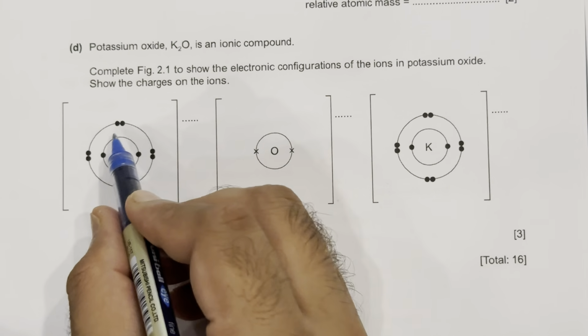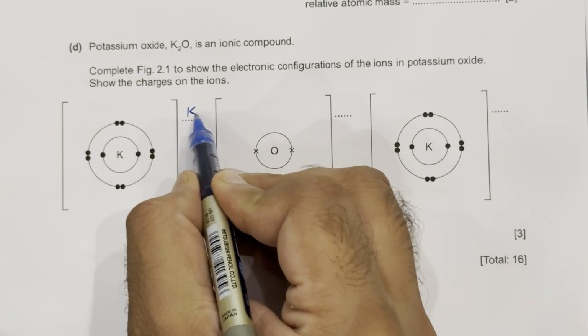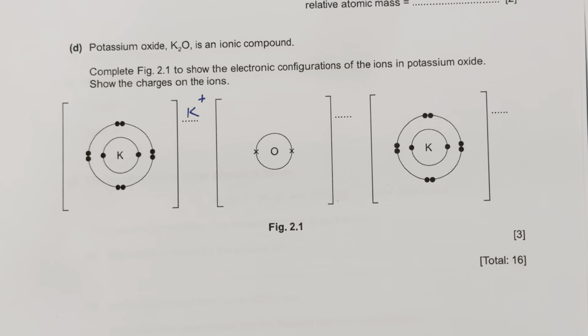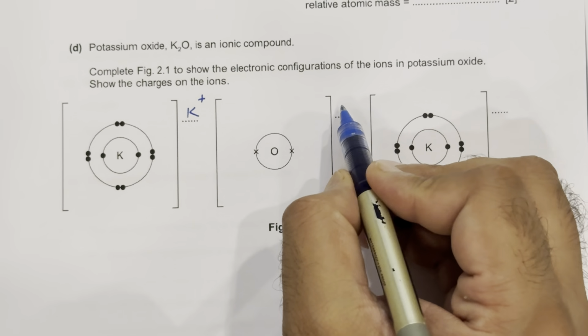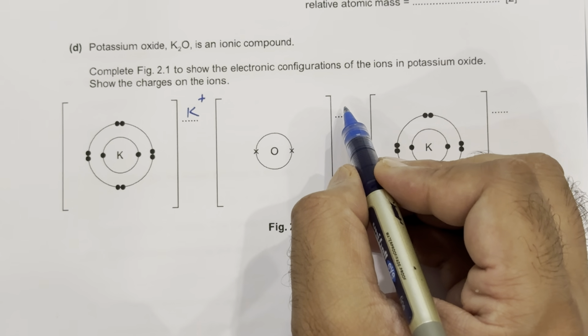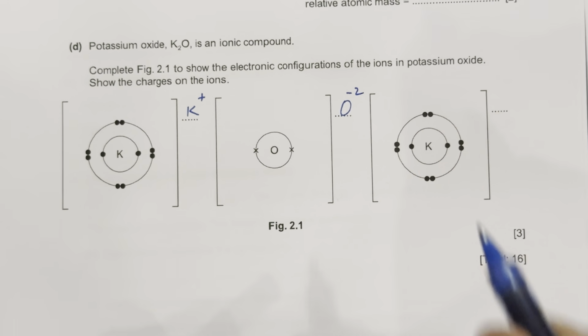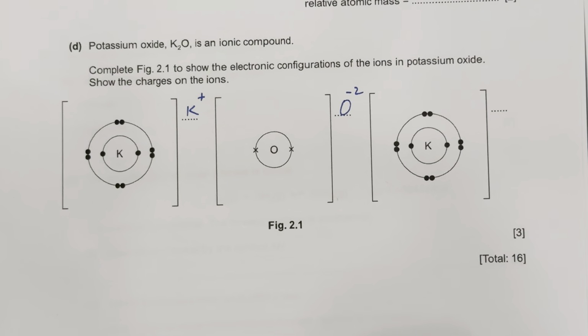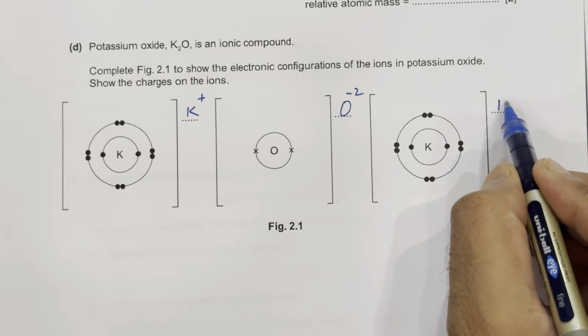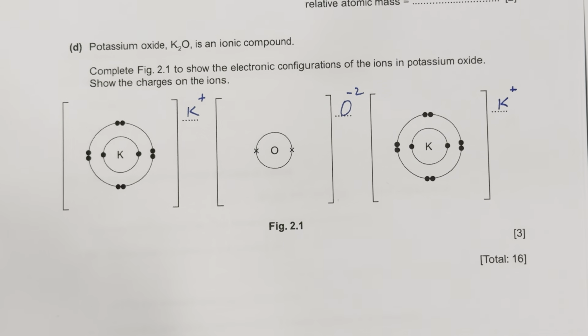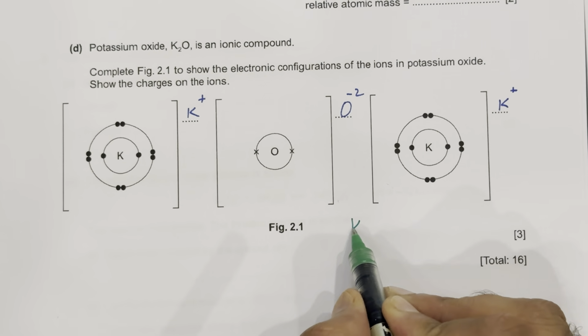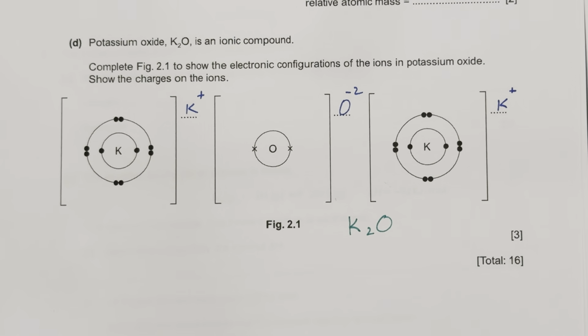When it loses an electron it forms a positive ion, and when oxygen receives 2 electrons it forms a 2 negative ion, and potassium again also forms a positive ion. Now we need to write the formula for potassium oxide. It would be like that, K2O. So the formula for potassium oxide would be K2O.